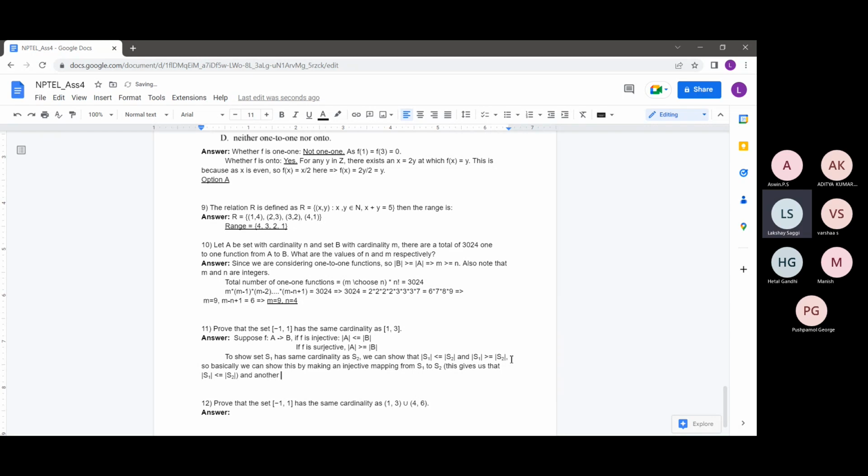And another injective mapping from S2 to S1 gives us the reverse. This was the main question I was talking about. It's a pretty interesting question and tests the concepts a little bit.